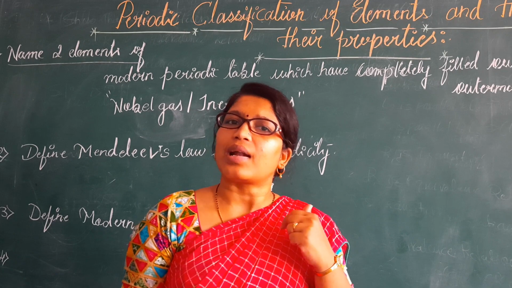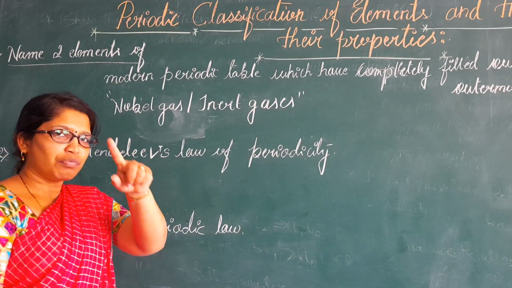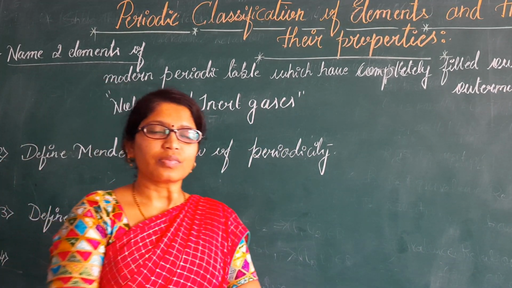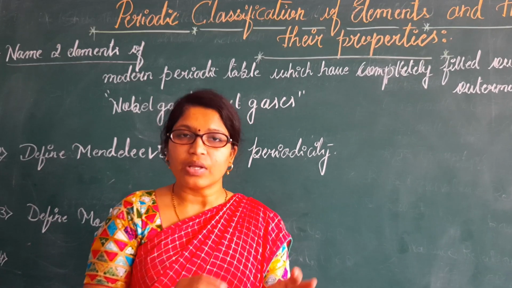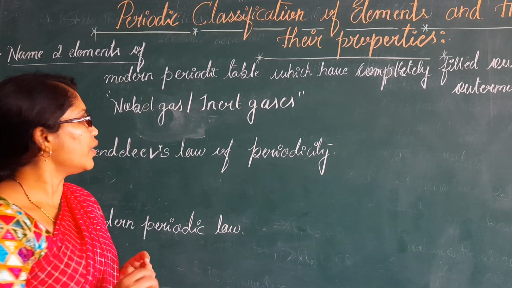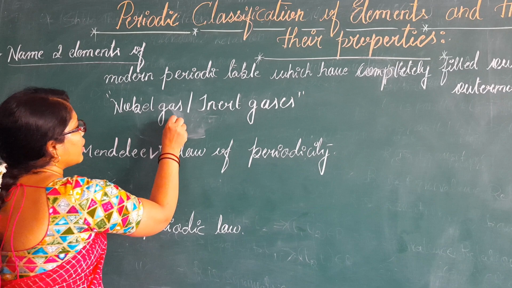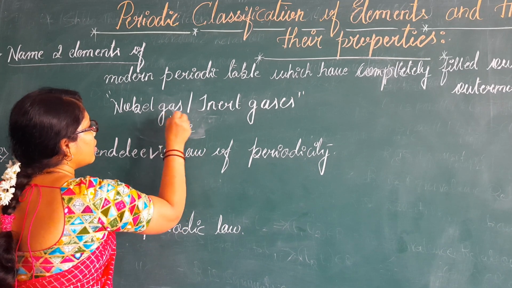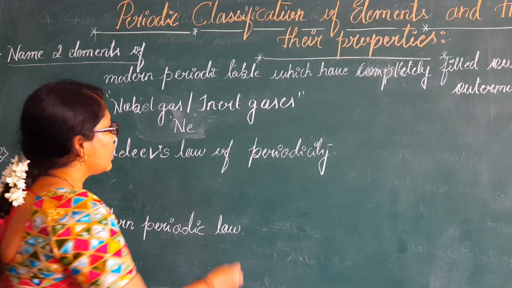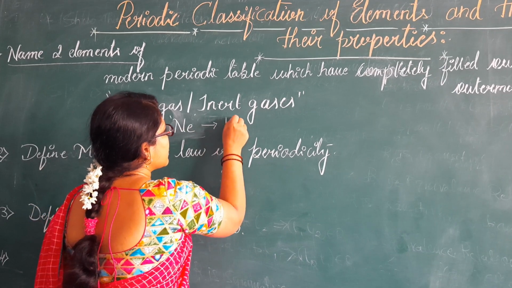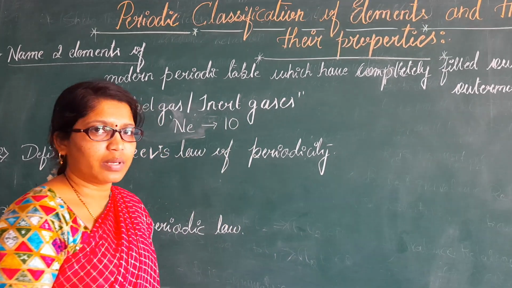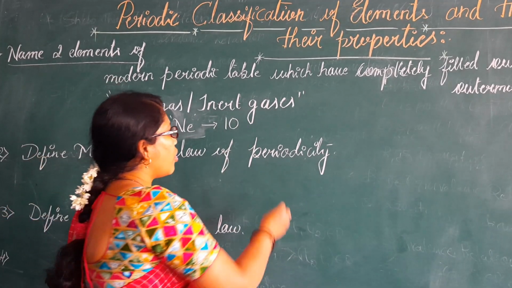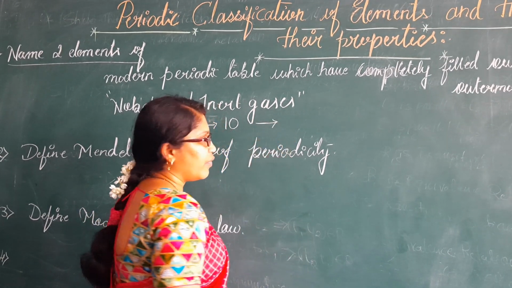What does it exactly indicate? Let us consider one of the examples from any of the noble gas group. So when you consider particularly neon, neon symbol is Ne. Its atomic number is 10. So we all know how to write the electronic configuration.